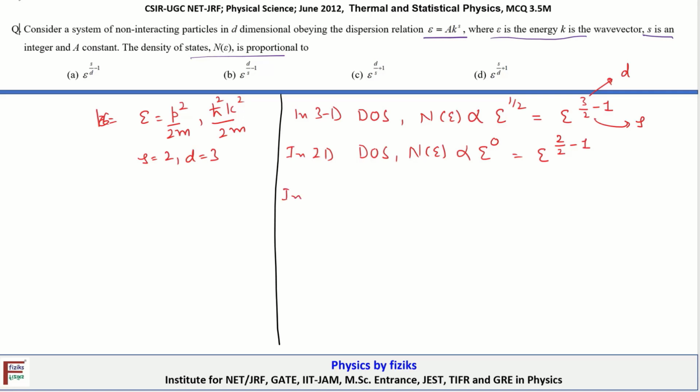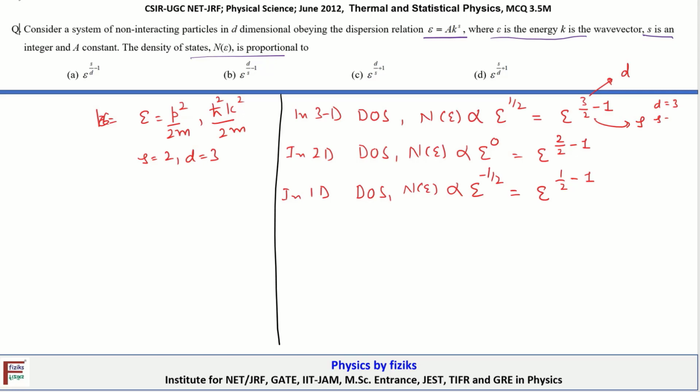And in one dimension, the density of states N(E) is proportional to E power minus 1 by 2, which is equal to E power 1 by 2 minus 1. These 1D, 2D and 3D cases are easy to develop mathematically, and based upon this we can generalize the result for d dimensions.